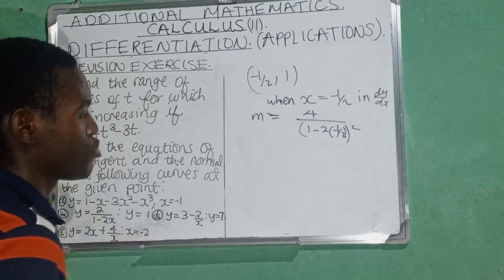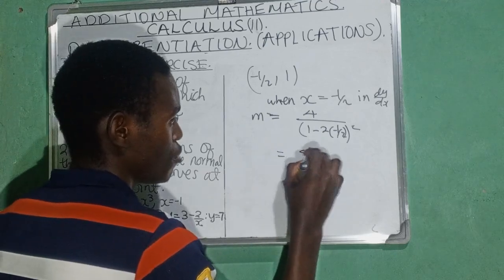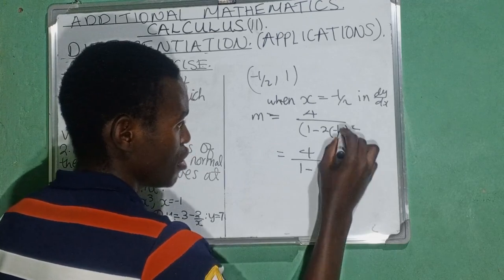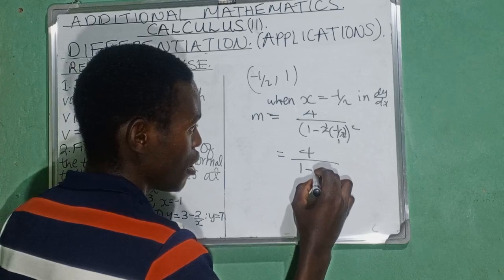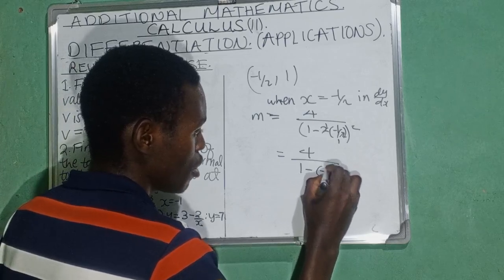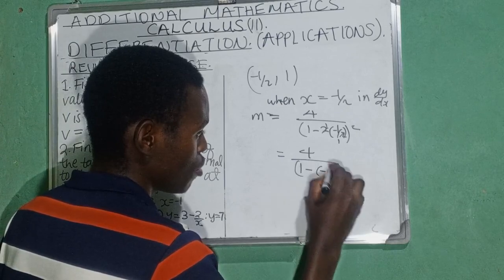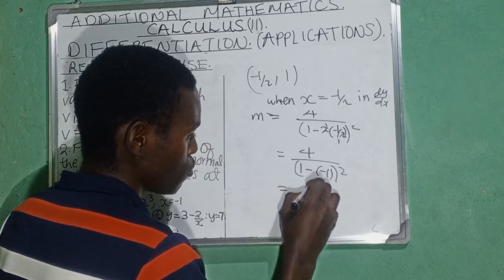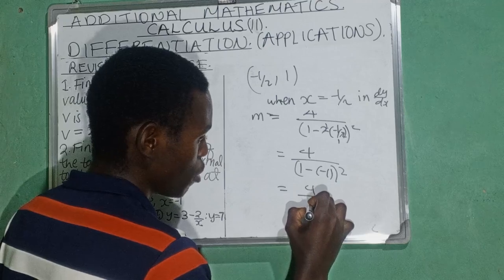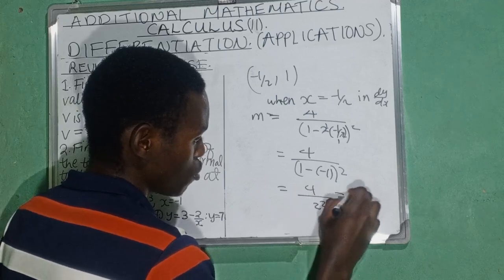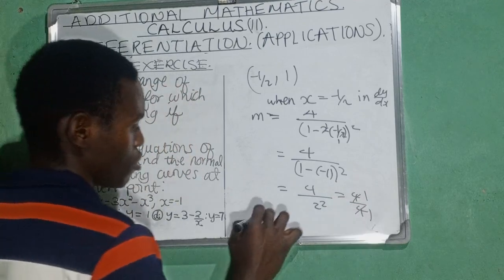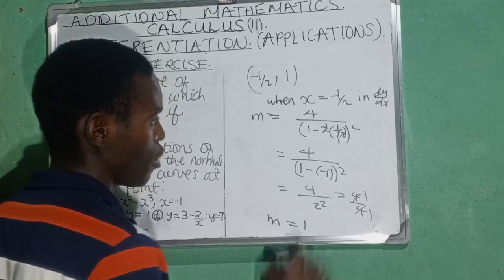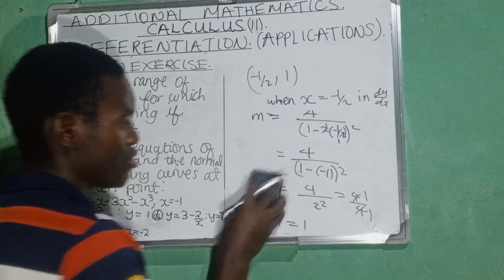So it's equal to 4 divided by (1 minus a negative 1) squared. So 4 divided by 1 plus 1 is 2, squared. So 4 divided by 4. So m is going to give you 1.